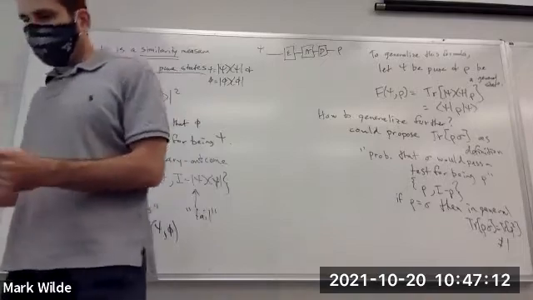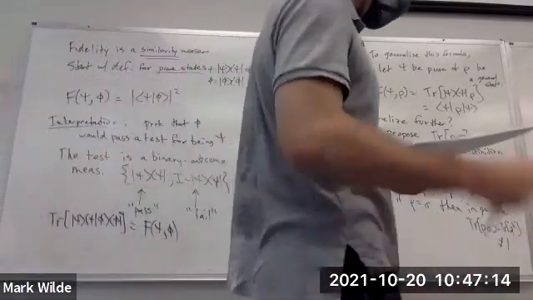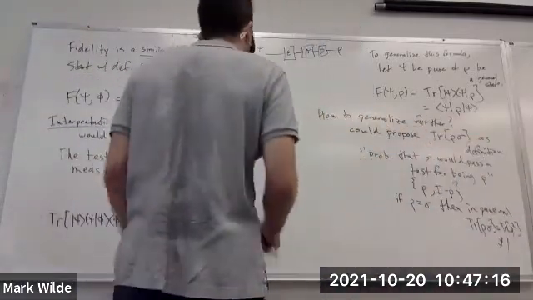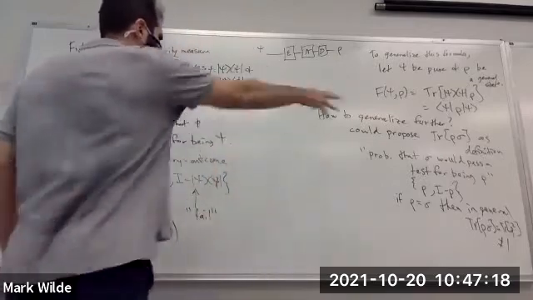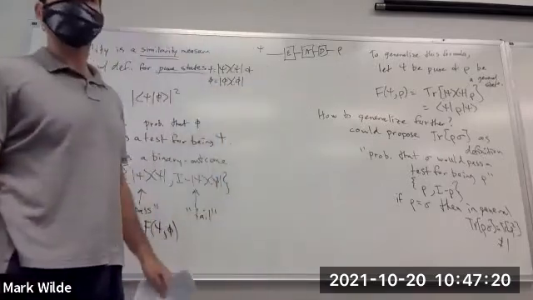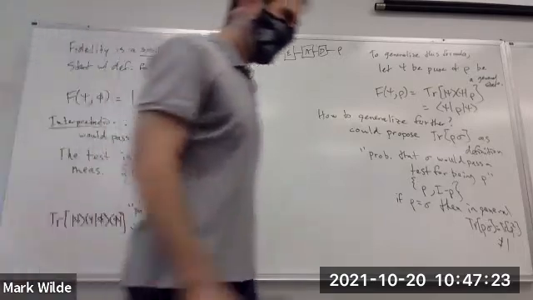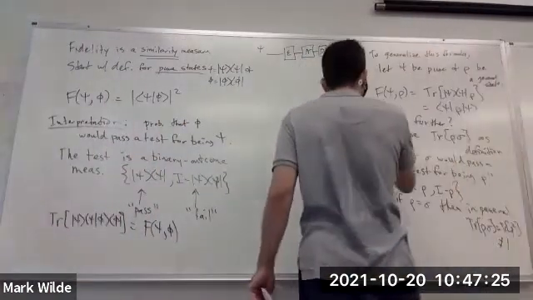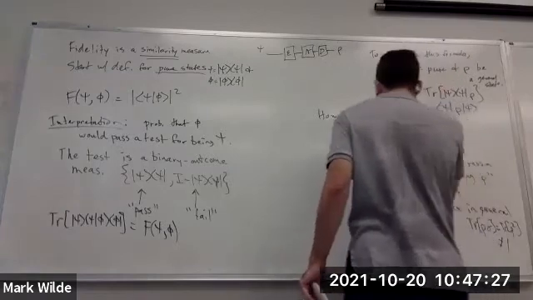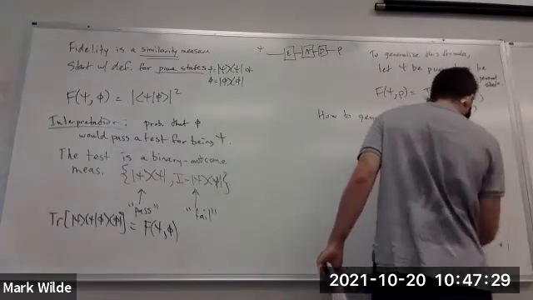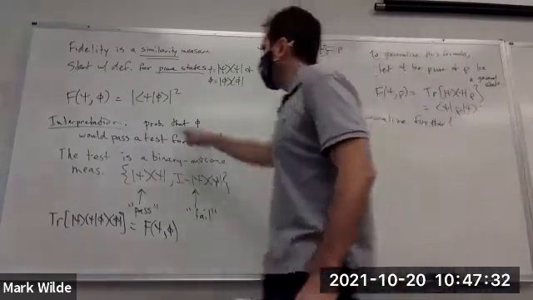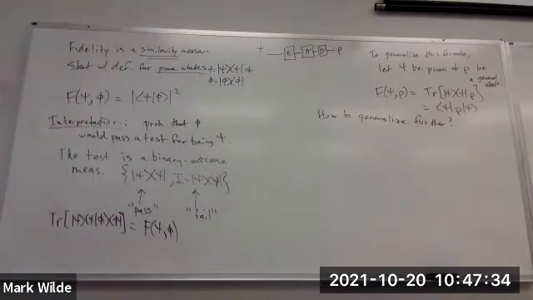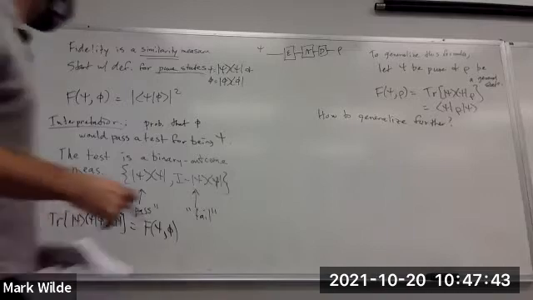So we have to think about how to revise this, and this is the brilliant idea that Uhlmann came up with. Maybe I'll just erase this since it's a bad idea. All right. Okay, so Uhlmann's idea was to go back to the pure state formula and use the concept of purification, and that's what he called transition probability.